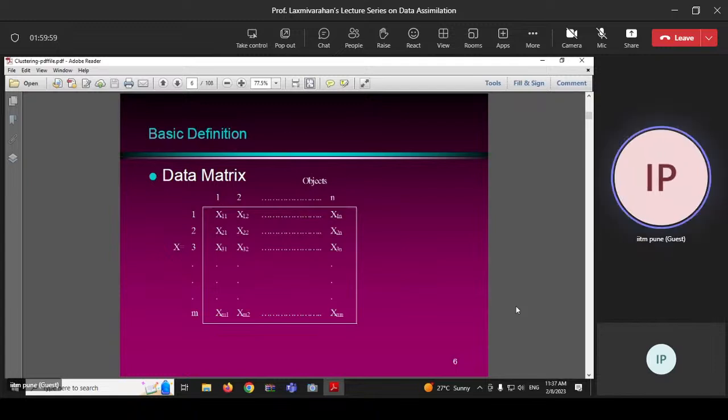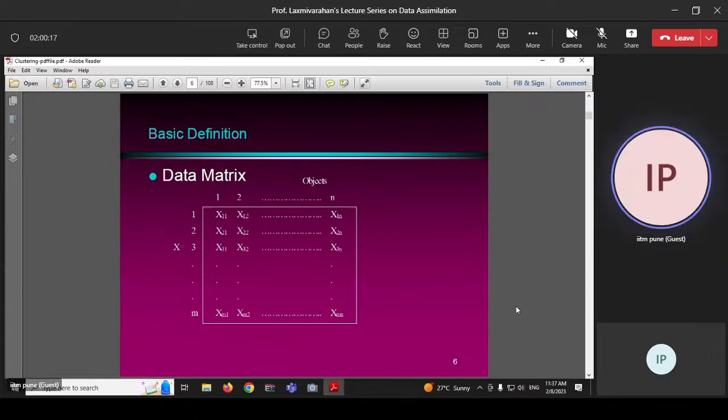So what is the starting point? The starting point for clustering is the data matrix. I have n objects. Each object is going to be measured in m attributes. M is the number of rows, n is the number of columns.